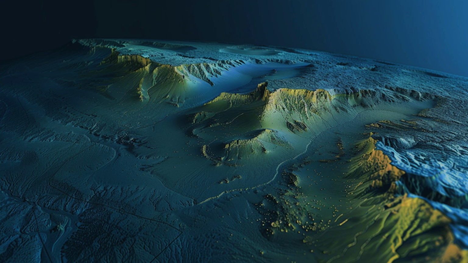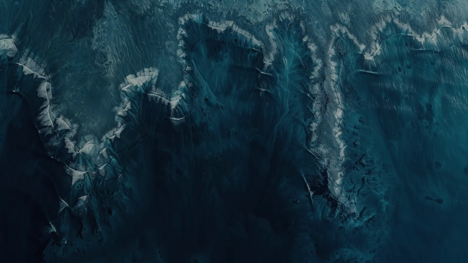Oceanic plateau boundary margins mark the transition between elevated plateau surfaces and the surrounding ocean basin floors. These margins define the outer limits of plateau provinces across the seafloor. In bathymetric mapping, plateau boundaries appear as zones where the broad summit surface gives way to descending slopes toward deeper basin terrain.